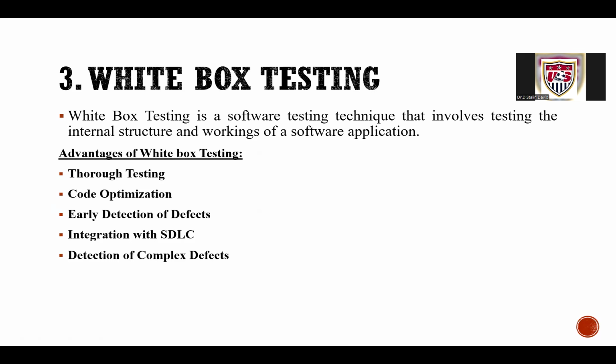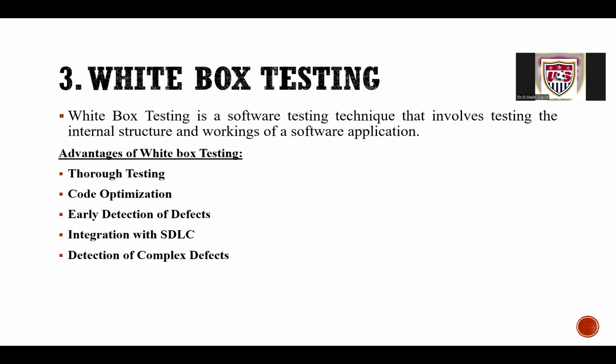The next one is early detection of defects. It can start at an early stage and does not require any interfaces in between. Next one is integration with the software development life cycle.